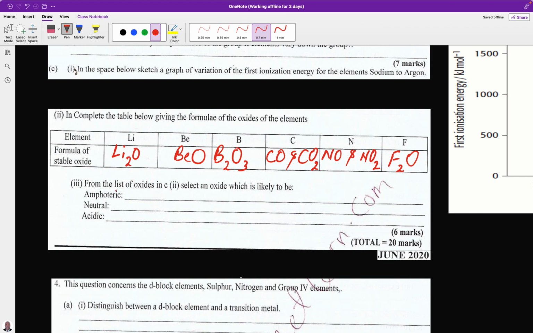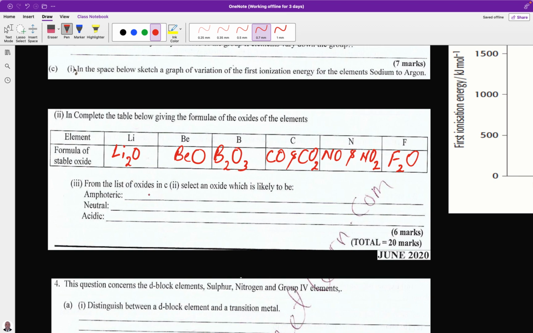Then they said, from the list of oxides in C2, select an oxide which is likely to be amphoteric. Only group 13, that is boron and aluminum, have that. So group 13 will definitely have amphoteric oxides.